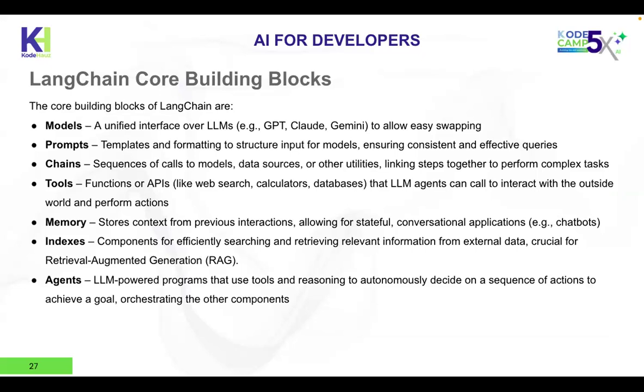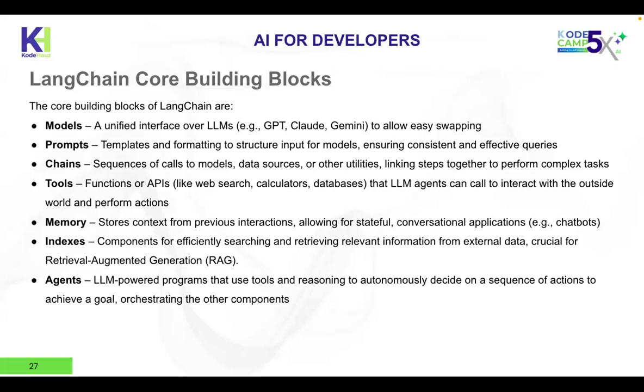So we are going to talk about the LangChain core building blocks, and we're going to go through each of them. So like I said, these are the building blocks we'll look at. The models, which is a unified interface that allows us to interact with different LLMs, and we're not too worried about what kind of LLM it is and so on.